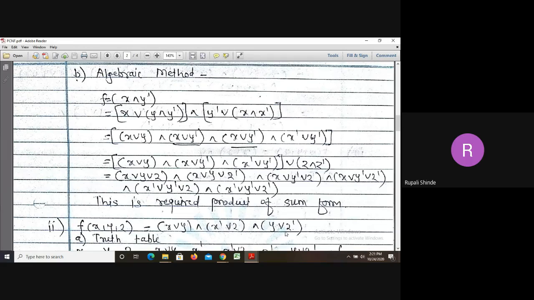So we have to find the required product of sum canonical form or PCNF, and it consists of three variables. So first of all, solve this example by truth table. Then we will see the algebraic method. Is it fine?